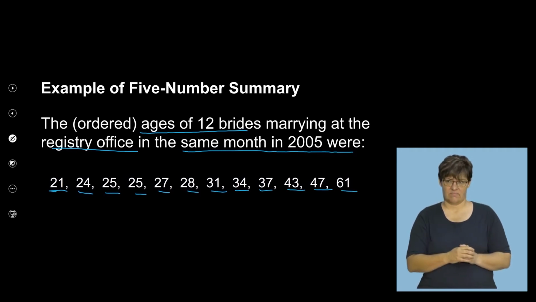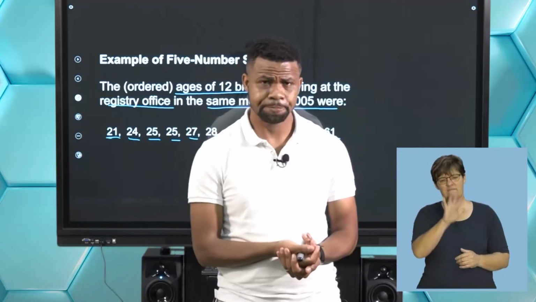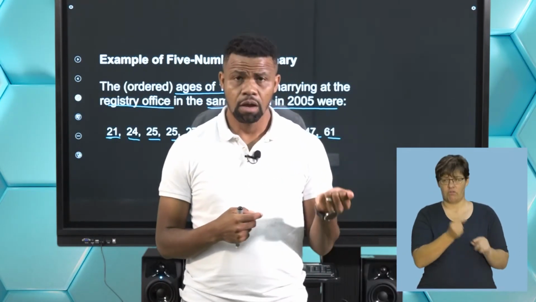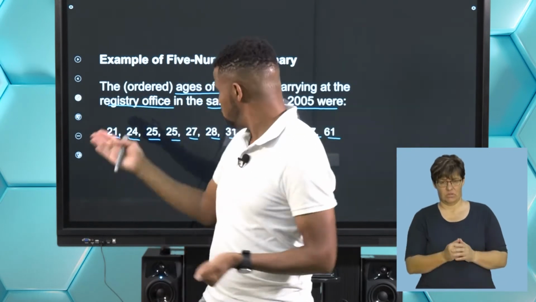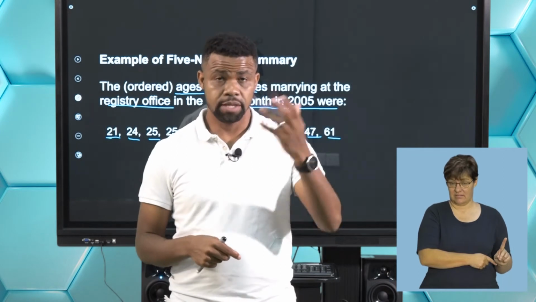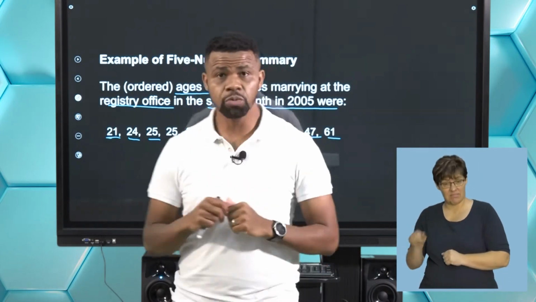What we want to do is to find the 5-number summary. The data has already been ordered for us. We can tell the minimum value, which is 21, the maximum value, which is 61.